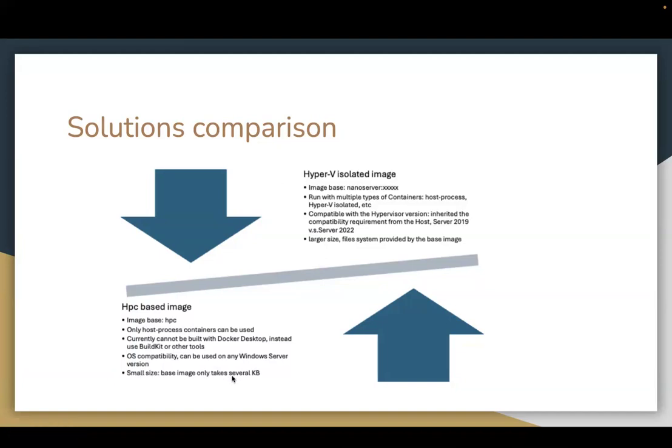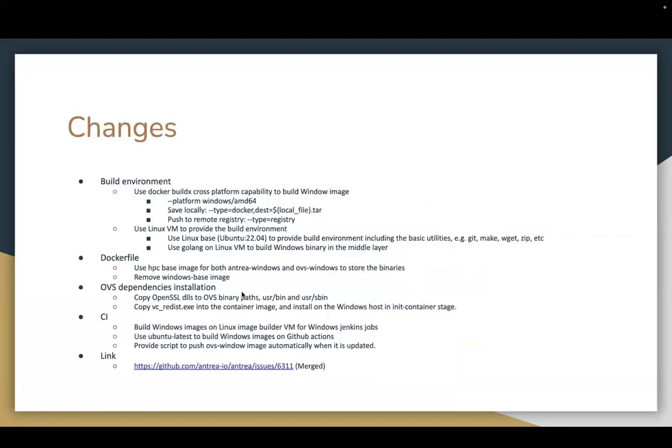The base image only takes several KB, so the total size of the agent image may reduce by several hundred megabytes. And so our solution is option 2. So we finally choose to use HPC as the base image.